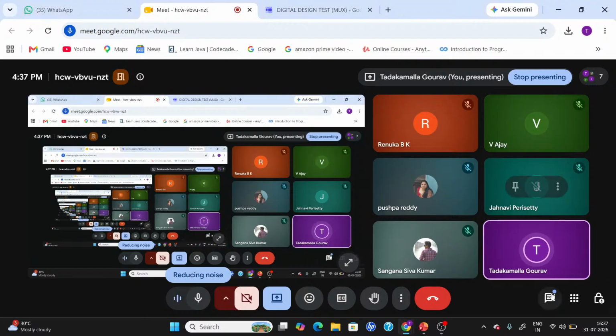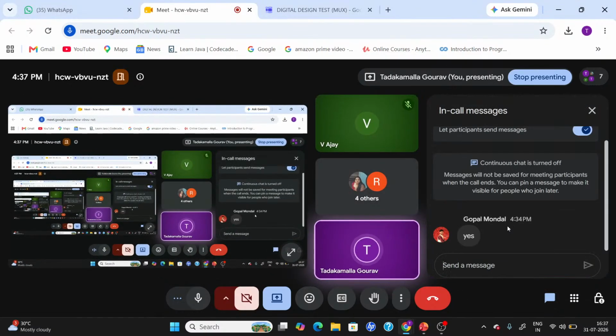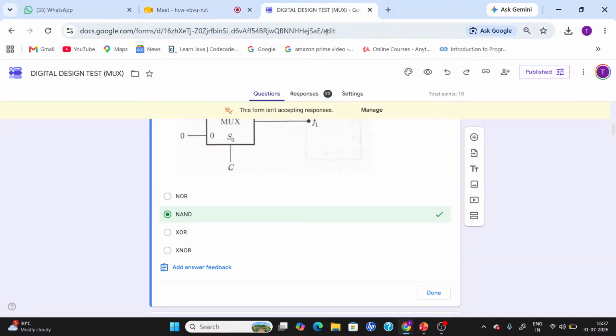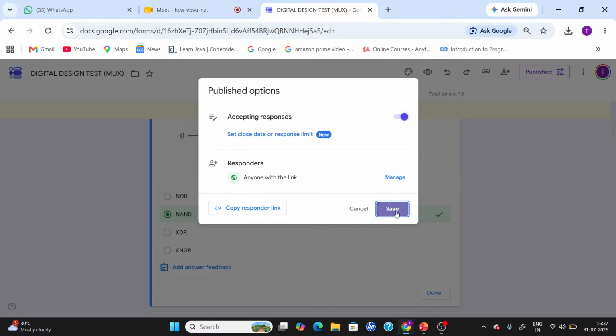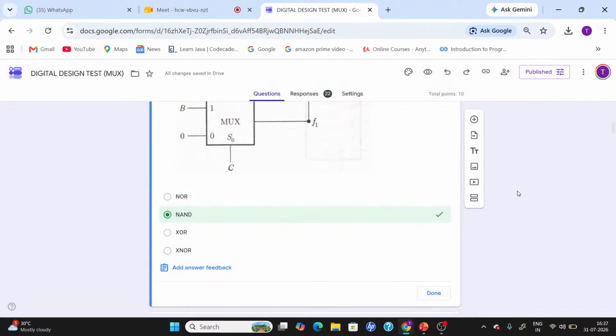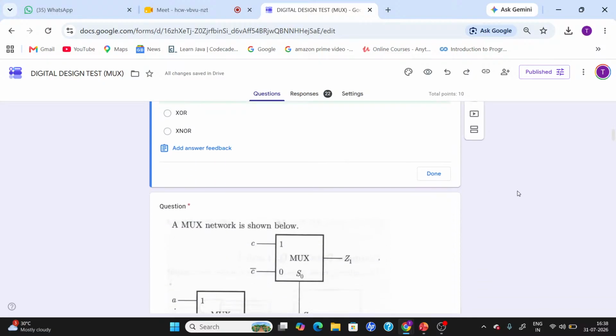Is this question clear? Everyone has got this answer? I will also enable this form so that you can check the questions parallelly with me. I've already shared this form link in the group. You can check it out once. You can open it now.